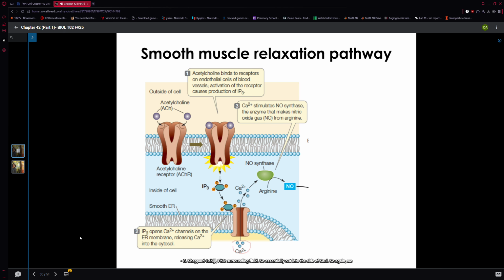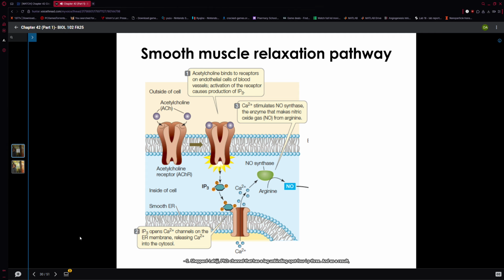So again, acetylcholine binds to its receptor. That receptor binding leads to IP3 production, which is a second messenger. IP3 will bind to a channel that has a ligand binding spot for IP3.